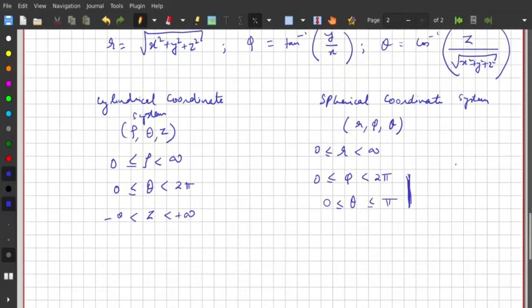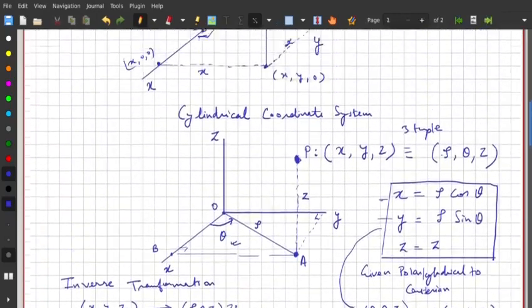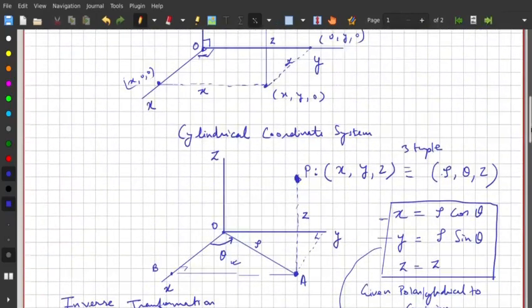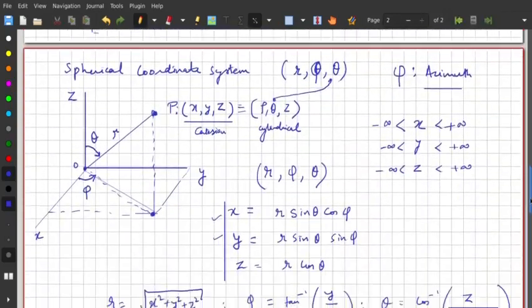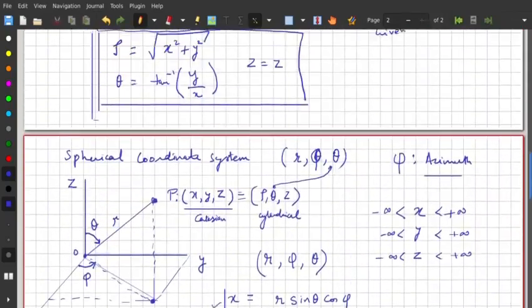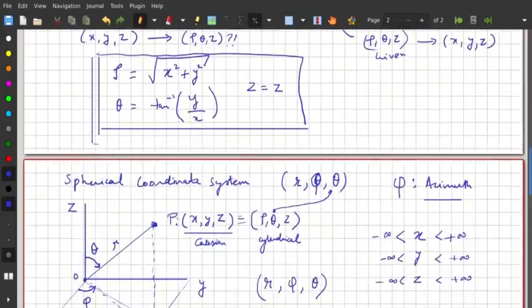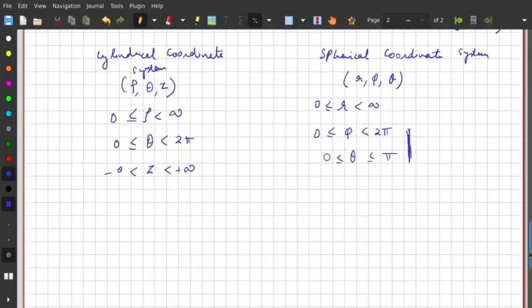So that's the generic understanding of all the three types of coordinate systems, and we will generalize all these ideas so that what we want to do is basically vector calculus in all these coordinate systems. That's our main goal.